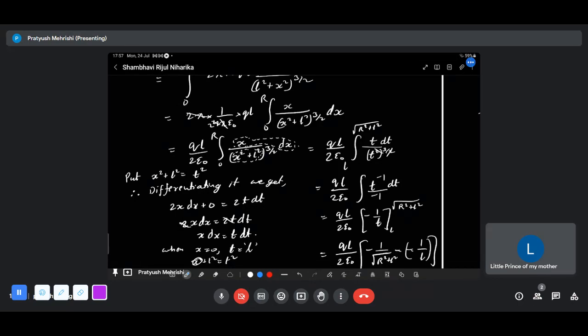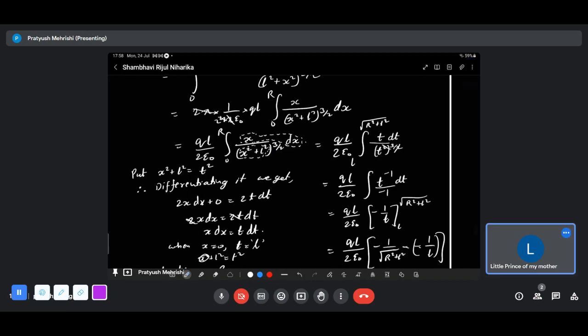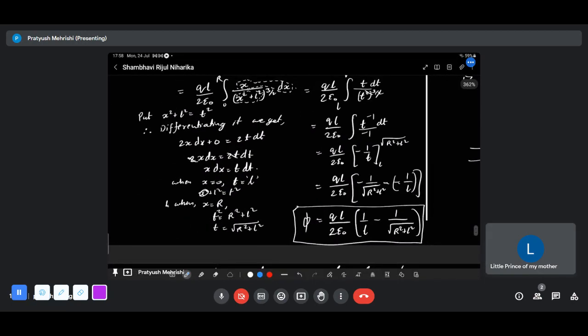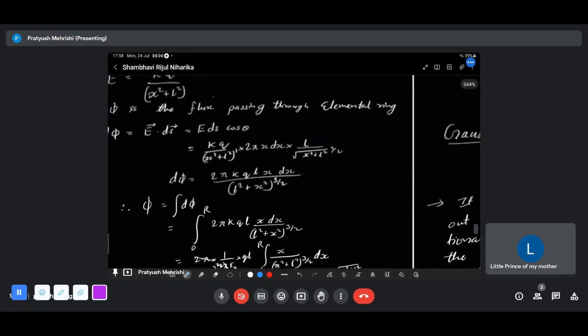I have used substitution here. When you substitute, what will happen? Then this is all. This is the electric field finally.